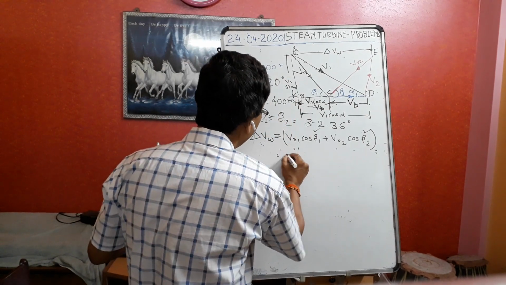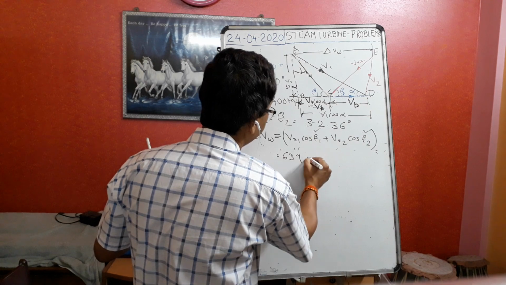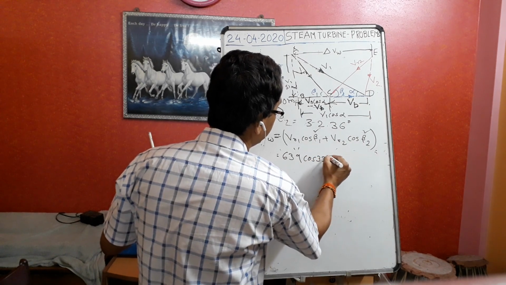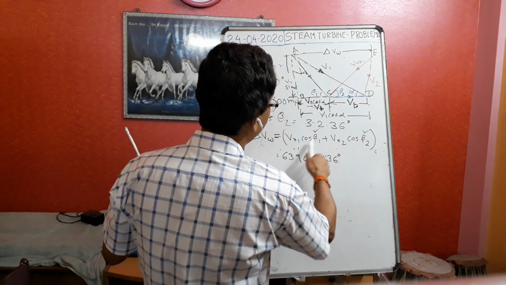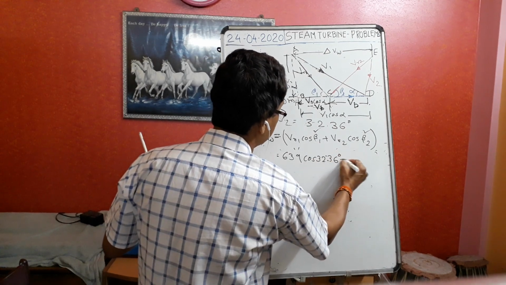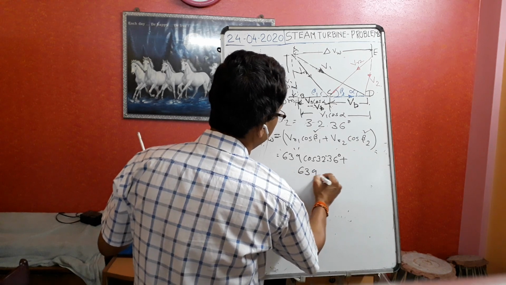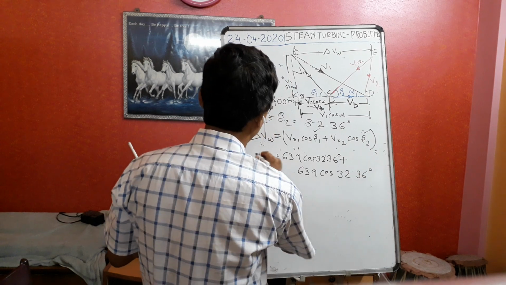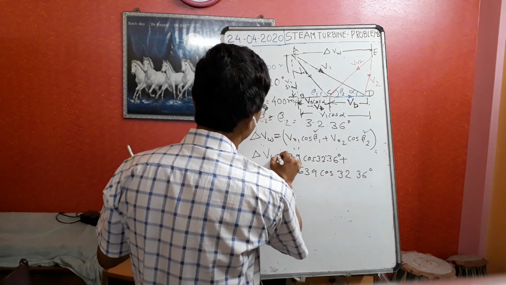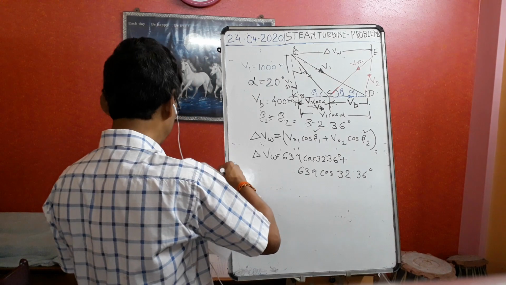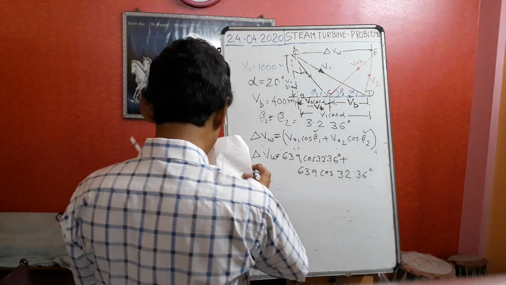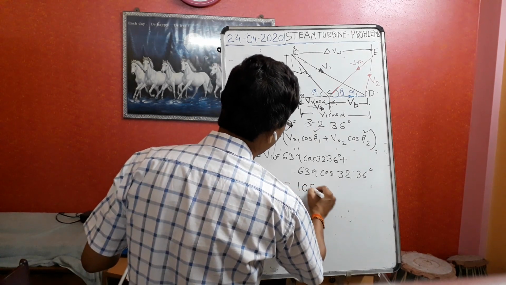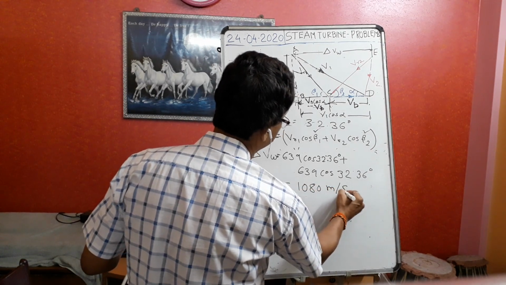Vr1 is 639 cos 32.36 degrees, and since Vr1 and Vr2 are both the same, plus 639 into cos 32.36 degrees. So del Vw I have found out, the change in velocity. If we calculate it, it will come to 1080 meters per second.